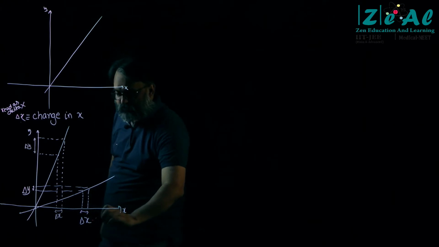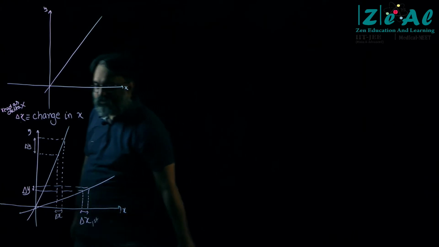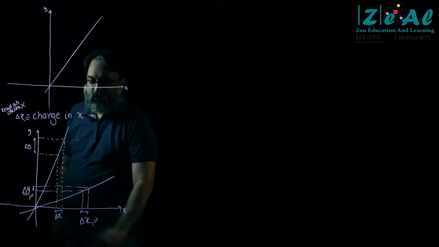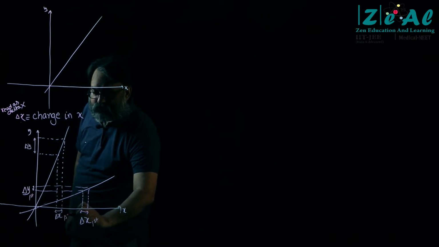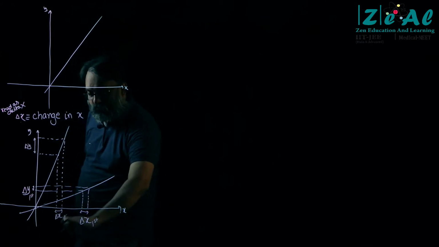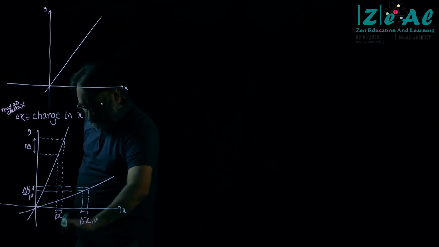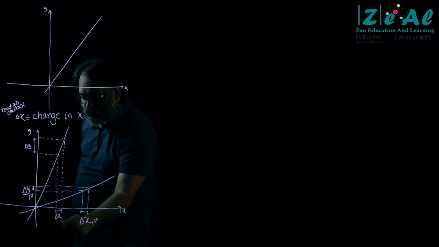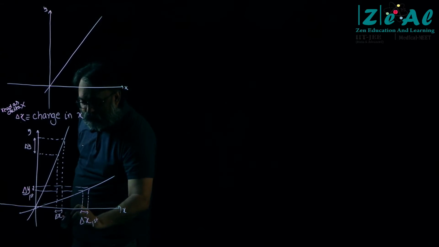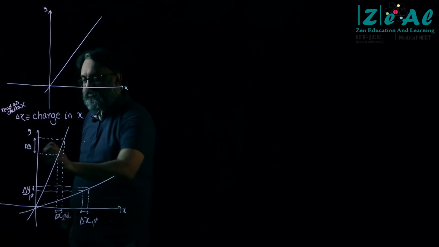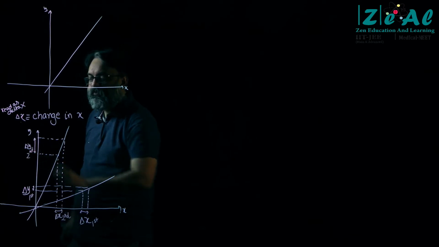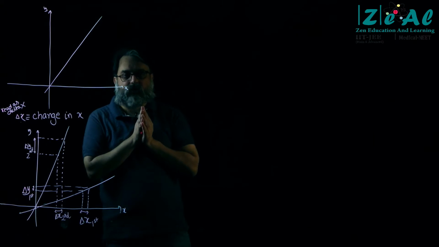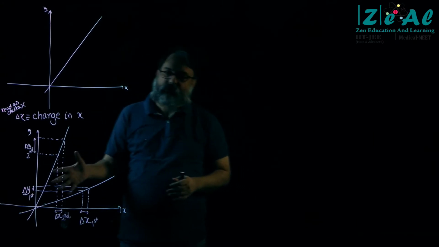I can say that this is delta x for the first graph, and therefore this is delta y for the first graph. I can say that this is delta x for the second graph, and this is delta y for the second graph. And now I can talk to you about the comparison of these two graphs.